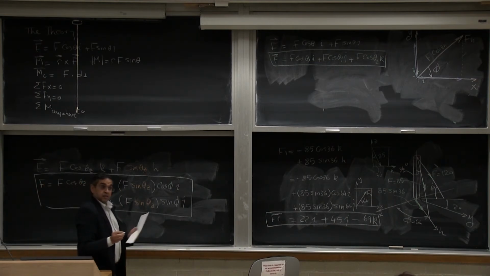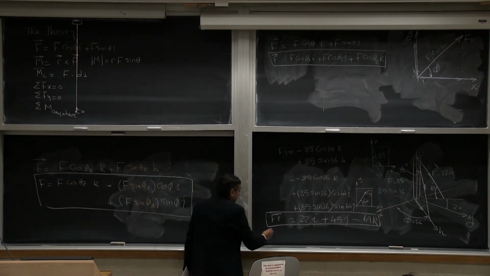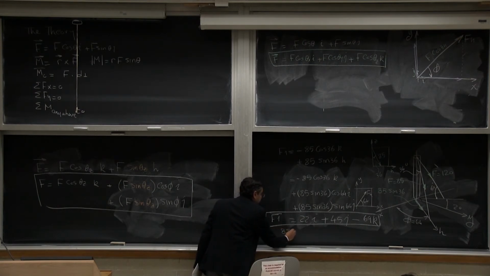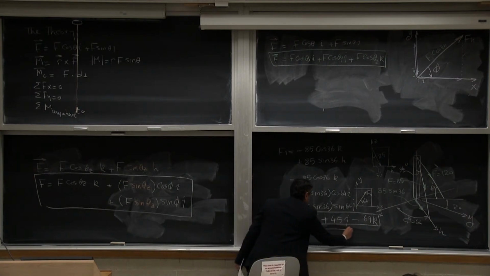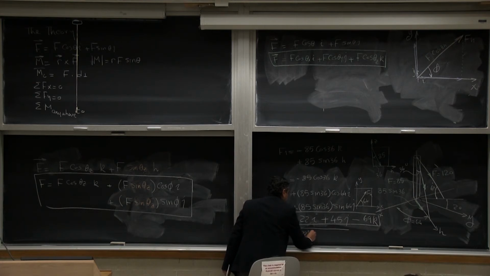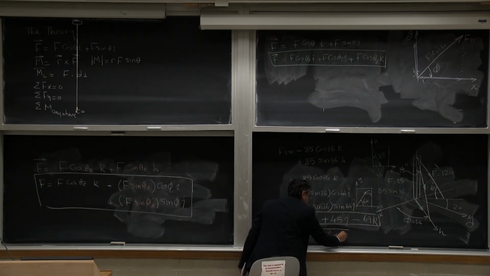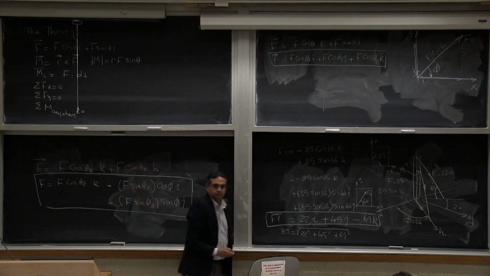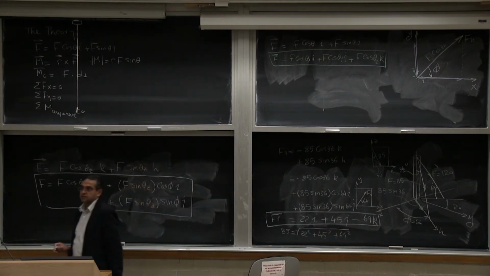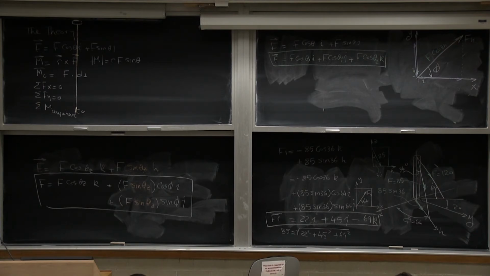And to check on yourself, the best thing to do is to say 85 equals the square root of 22 squared plus 45 squared plus 69 squared. That would be your check on yourself. It's very simple.